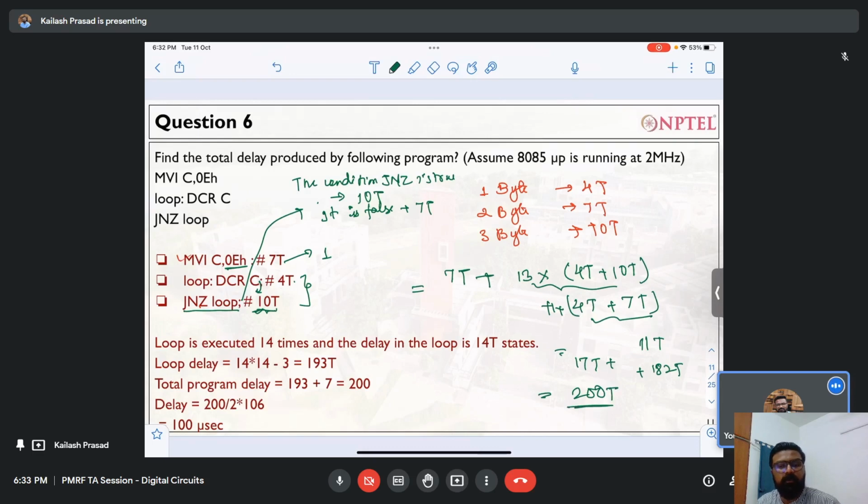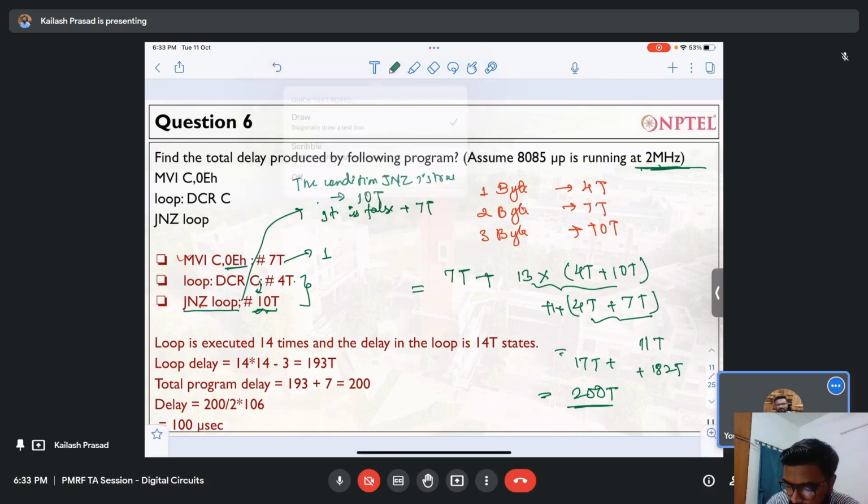Now, the question that has been asked is not in terms of t states. Rather, it asks how much time it will take, and the frequency has been given over here. Before going to that, let me quickly revise. The 7t instruction is executed only once.